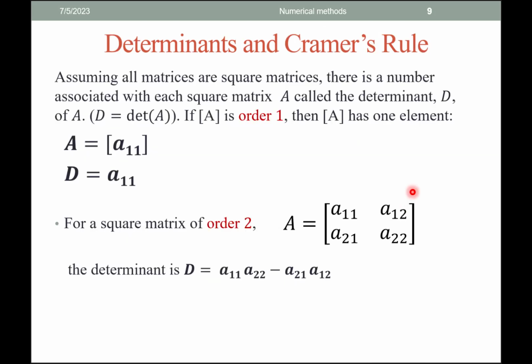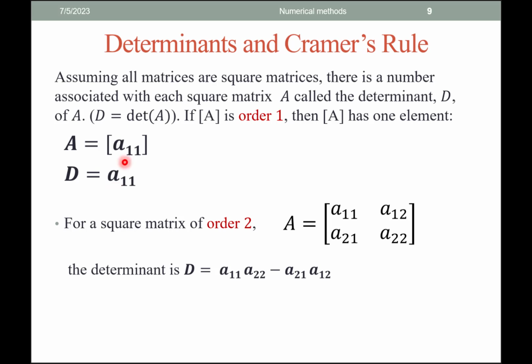So we're going to start off with Cramer's Rule, which is the simplest way of solving these equations. And in Cramer's Rule, we have to find the determinant of a matrix. So the determinant of an order 1 matrix, where it has only one coefficient, is basically that coefficient. But this is not really useful because we're not really solving any equations.